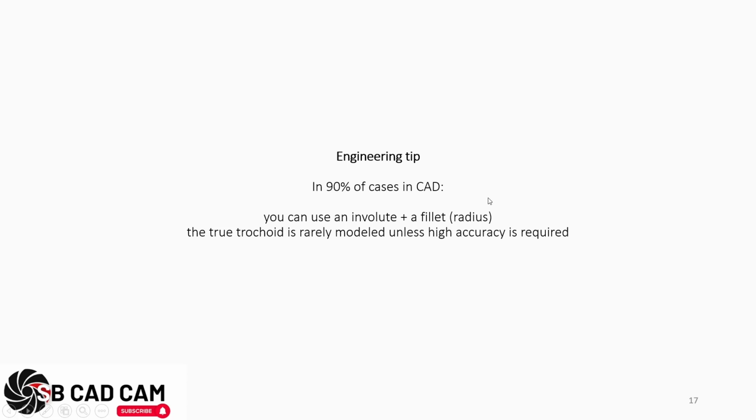In 90% of cases in CAD, you can use an involute plus a fillet radius, and you can do your study, or your machine can work if you want to do it with 3D printing. But the true trochoid is rarely modeled unless high accuracy is required.